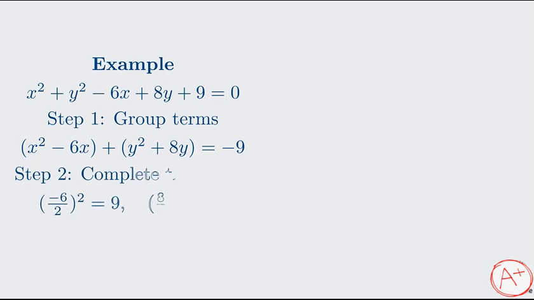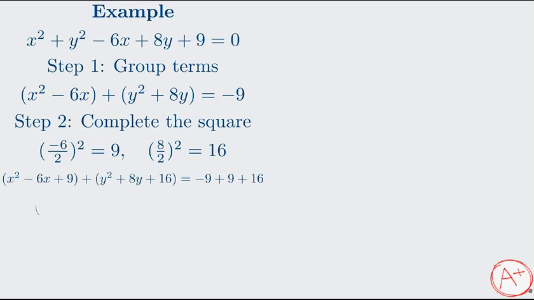Step 2. Complete the square. For the x terms, take half of -6, which is -3, and square it to get 9. For the y terms, take half of 8, which is 4, and square it to get 16. Add both 9 and 16 to both sides of the equation. Now, write the left side as perfect squares and simplify the right side.